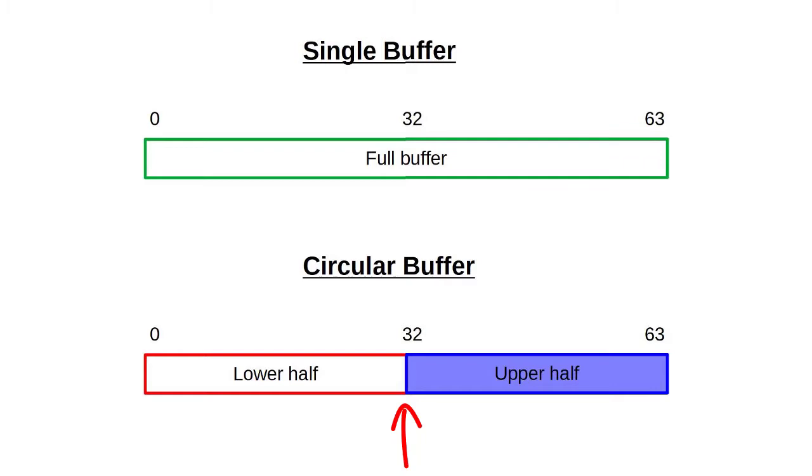It won't stop, it will continue playing the upper half, but we now know while it's doing that we can recalculate the lower half. And when it gets to the end of the upper half, it will automatically loop round, hence circular buffer, and start playing the lower half, which we've just filled, and we can now start calculating the upper half while it's outputting the lower half. So as long as we're calculating the samples at least at the rate they're going out, we'll be good.